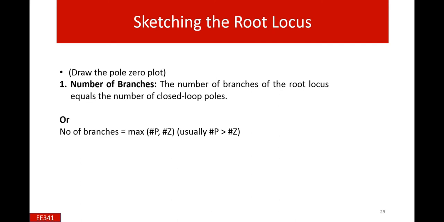There are some fundamental rules or methods, and using these we can plot the root locus. First, usually the open loop transfer function is given, and there is negative feedback.